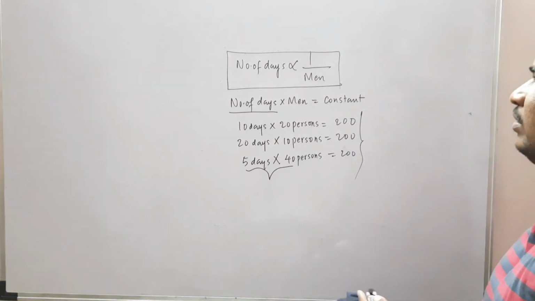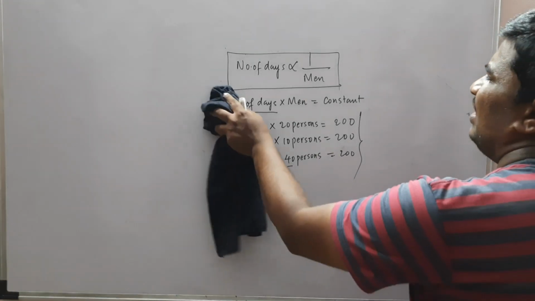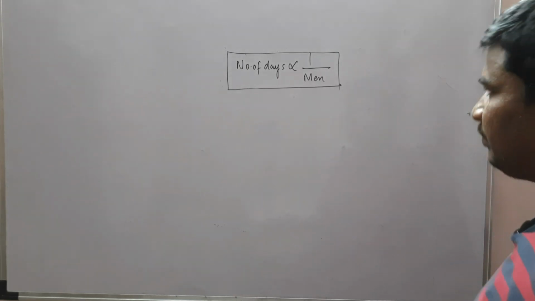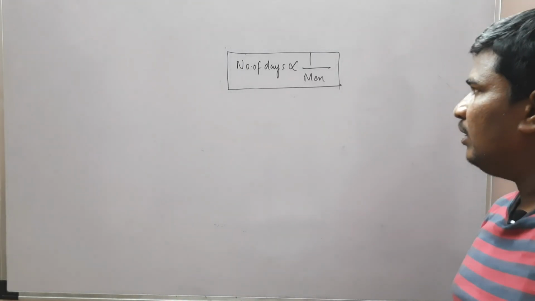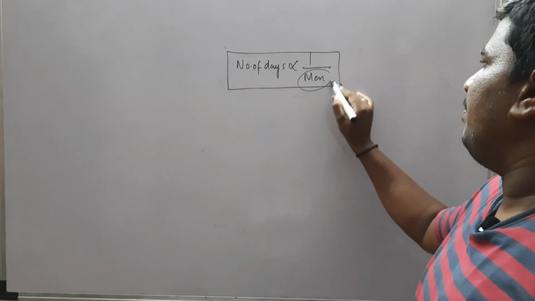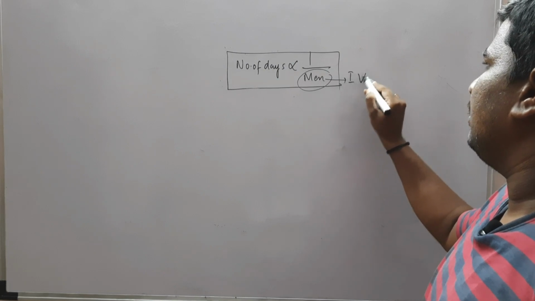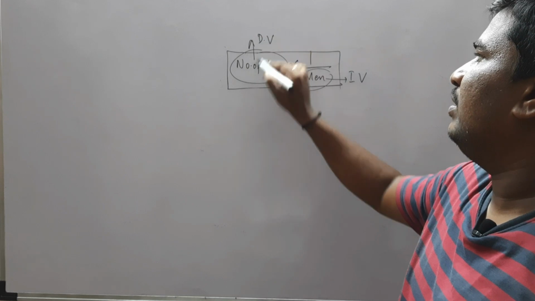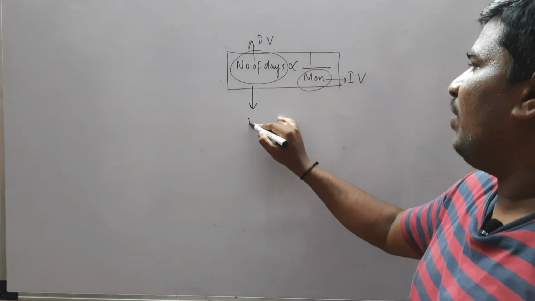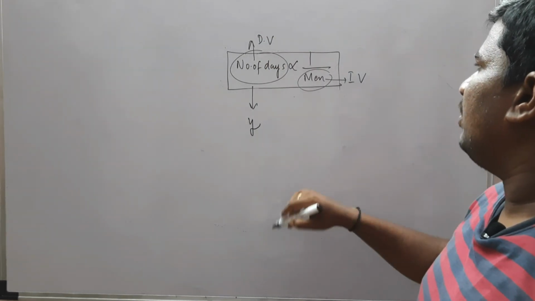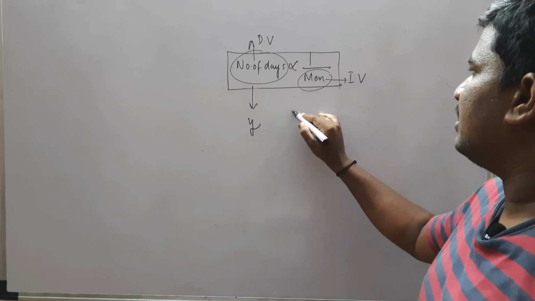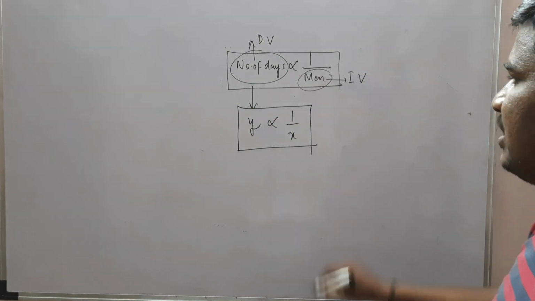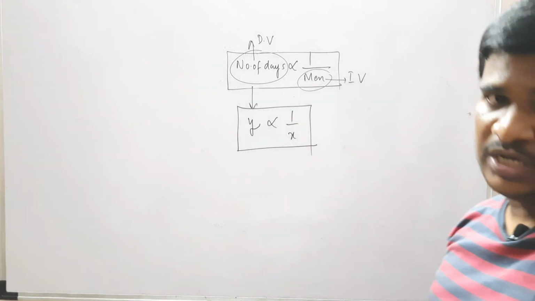Okay, so here what we do, see, men is independent, number of days is dependent variable. So dependent variable should be taken on y-axis, independent variable should be taken on x-axis. So I should write y is directly proportional to 1 by x when two quantities are inversely proportional to each other.